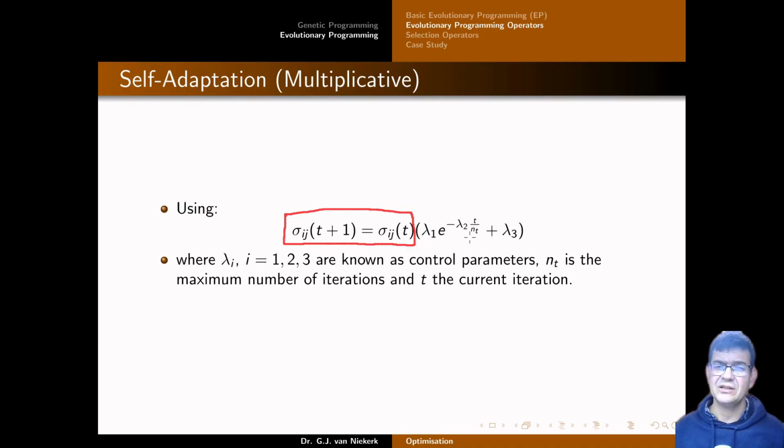In this case, it also considers the number of iterations that you want to use, so over time it's going to decrease. But the point is, you multiply the parent strategy parameter by some value that you determine, and that basically adapts that strategy parameter for the child. And over time, again, you will find that the best ones will evolve.